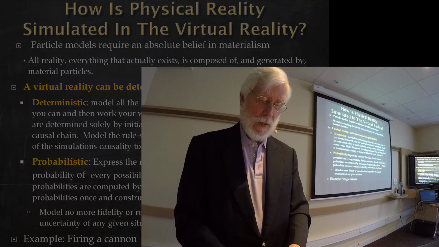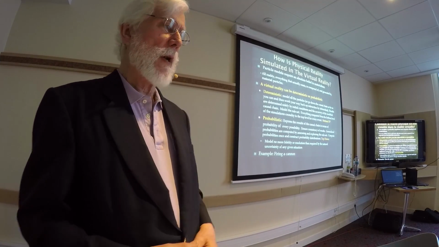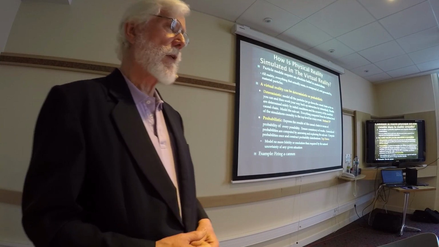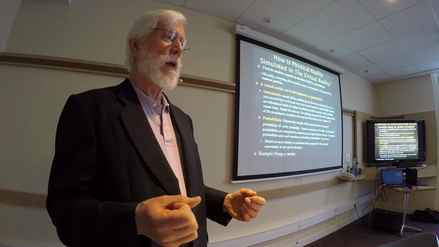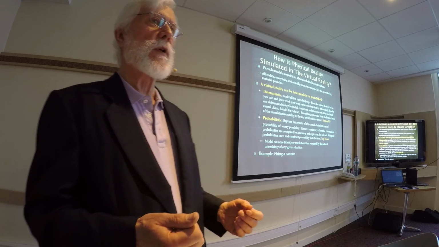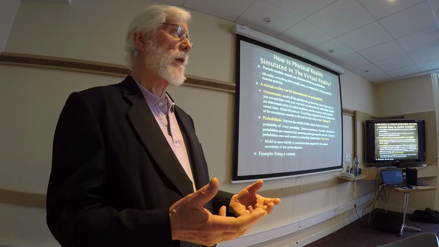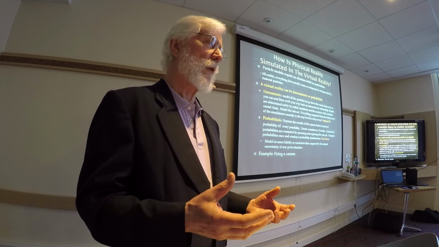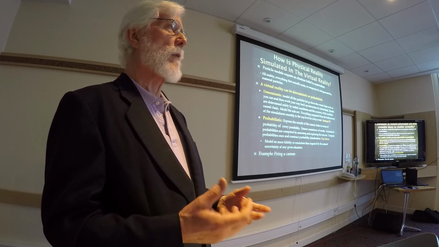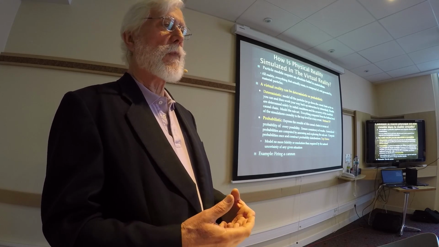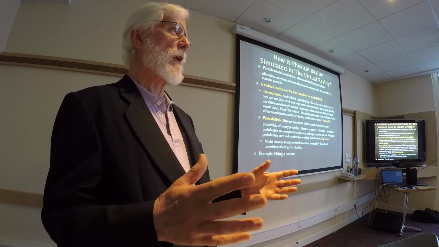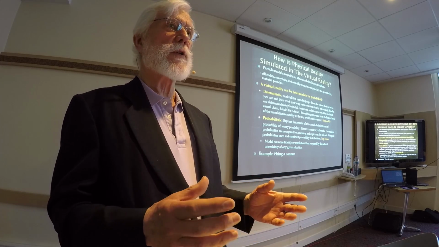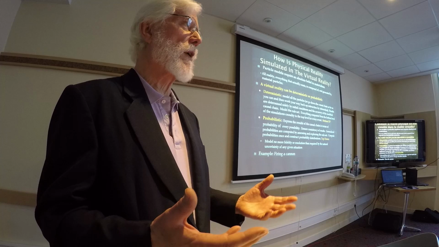Okay, I'm going to talk about an example, give you an idea of how these things work out. We're going to take a very simple physical structure that we can describe both deterministically and probabilistically. And this is probably simpler than most. The more complex it is, the harder the deterministic simulation becomes.